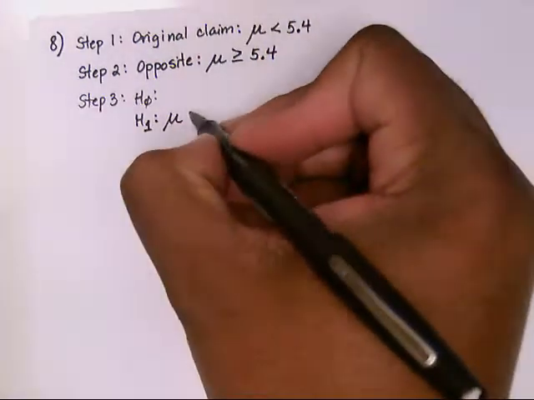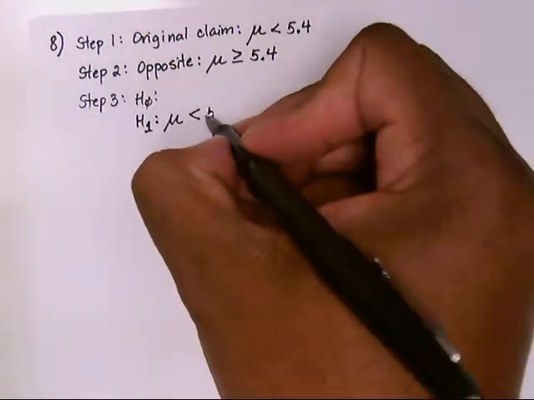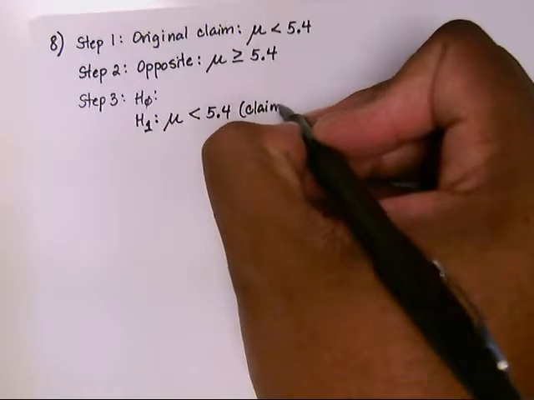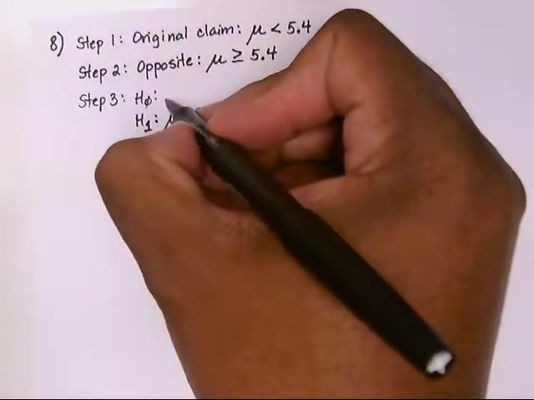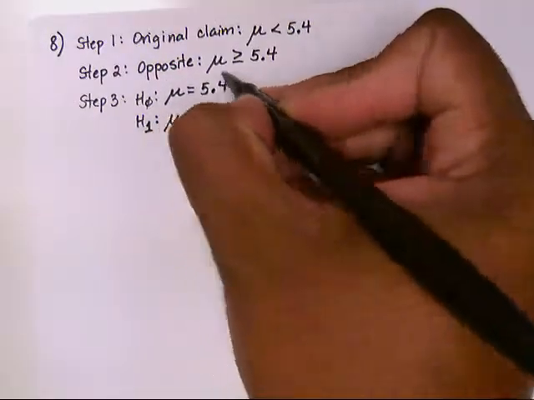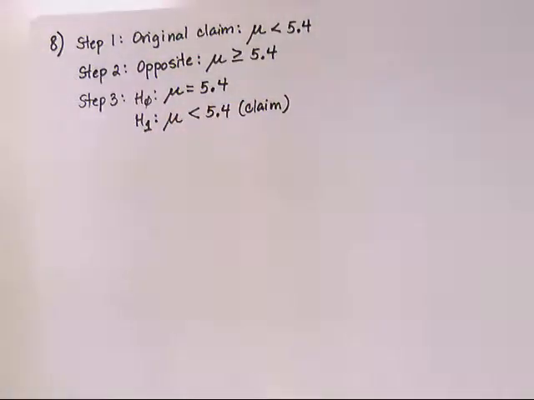So mu is less than 5.4, and that is the claim. The null hypothesis always has an equal sign in it, so it will be mu equals 5.4. So there's my null and alternative hypothesis.